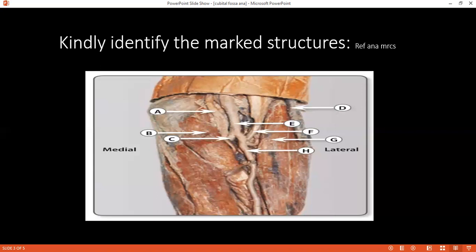Can you please tell me, if there is an injury at the region of the elbow and there is radial nerve injury, how would the patient present? Radial nerve injury at the elbow. The patient will present with wrist drop and finger drop and weak hand grip.